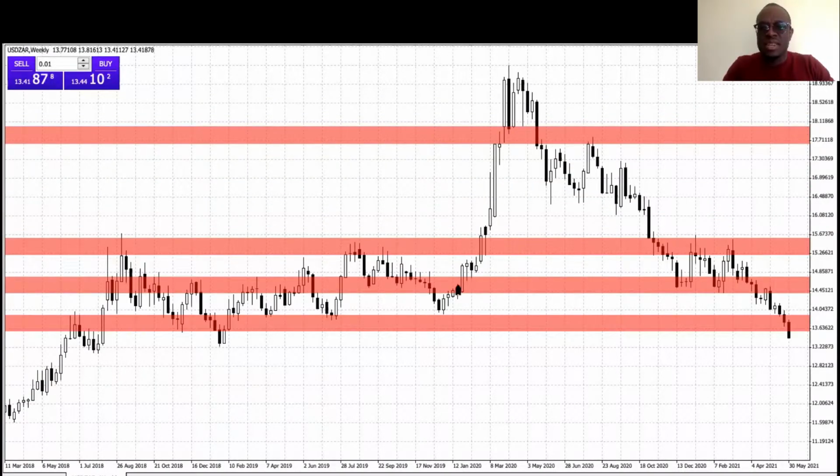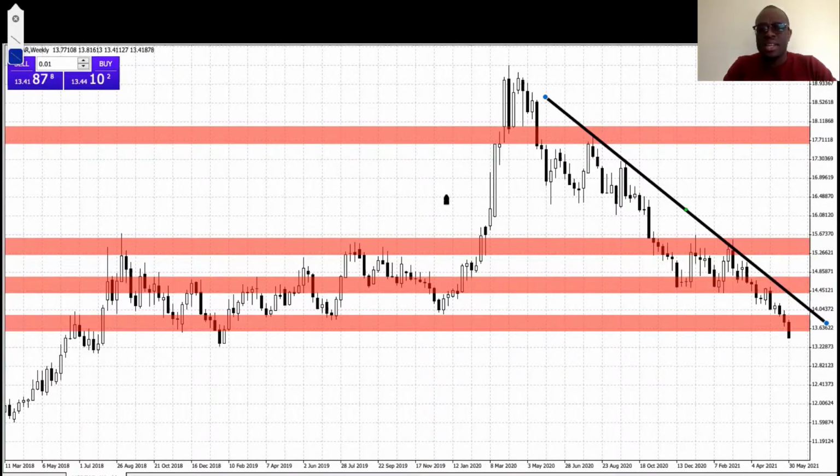So on the weekly chart, remember we had a symmetrical triangle here, and we also had a head and shoulder pattern here and another larger symmetrical pattern which was embodying the head and shoulder pattern and the smaller symmetrical triangle. And also we had a bearish trend that was going on.